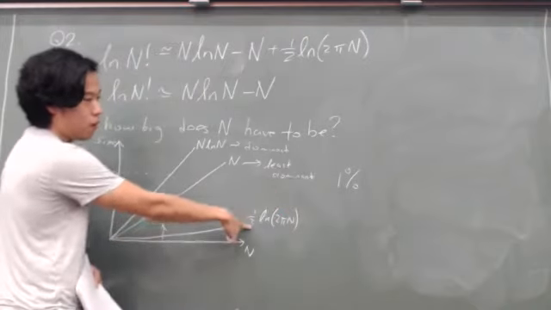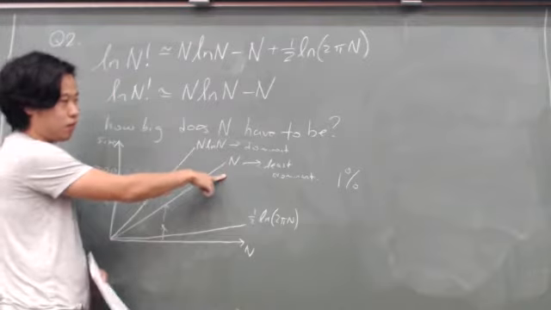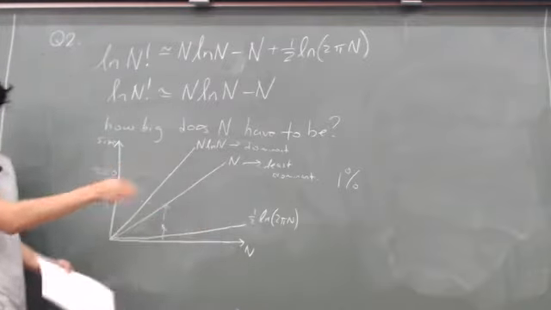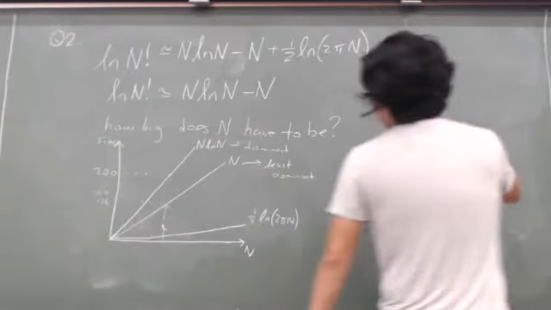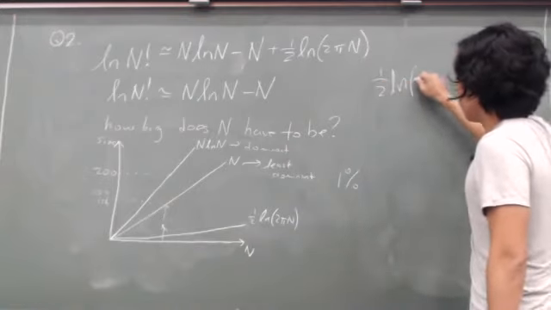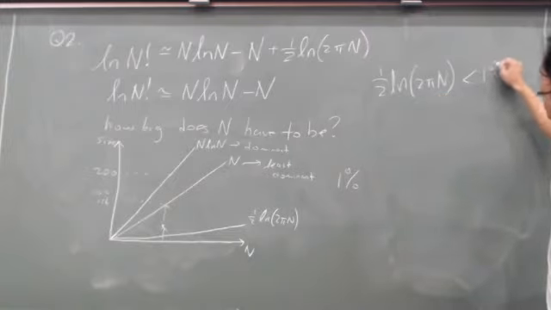So if this term becomes 1% of the next least dominant term in the expression, then at that point we can say ignoring it, we wouldn't notice in the scheme of things. So, okay, then the question is, we want half log of 2 pi n to be smaller than 1% of n.